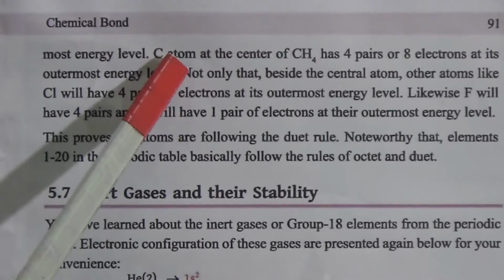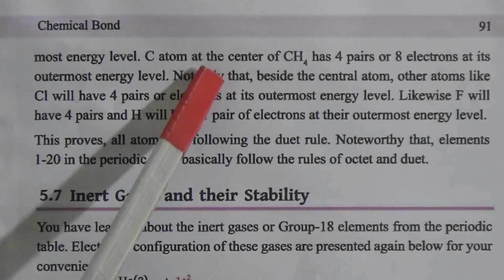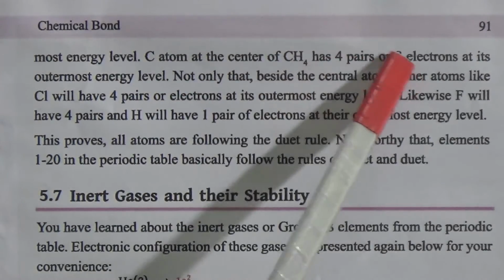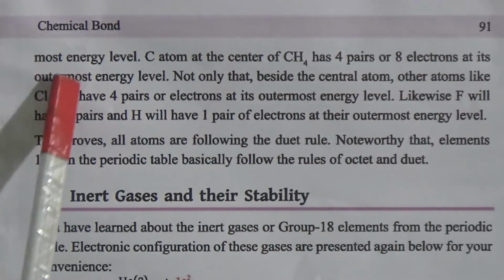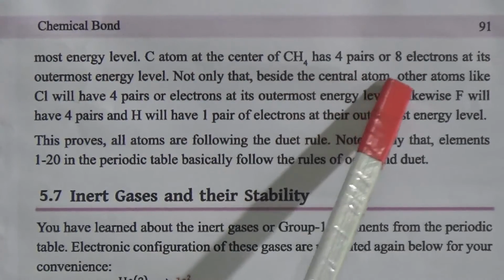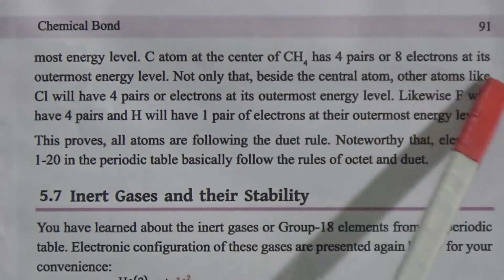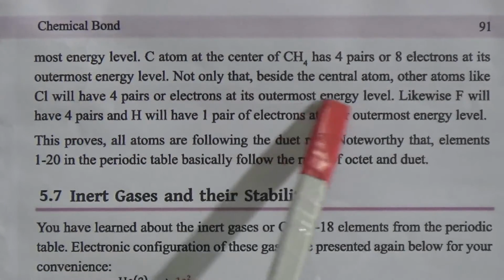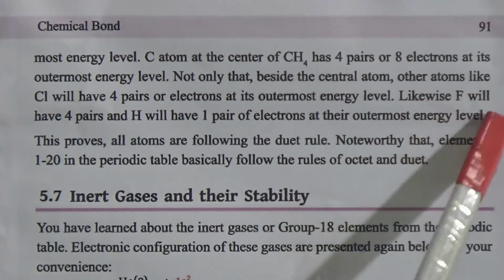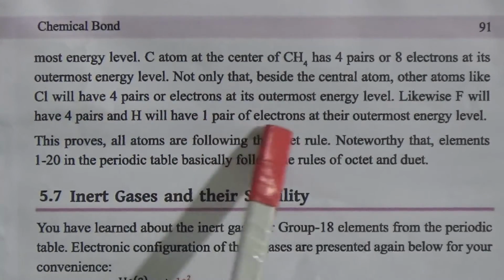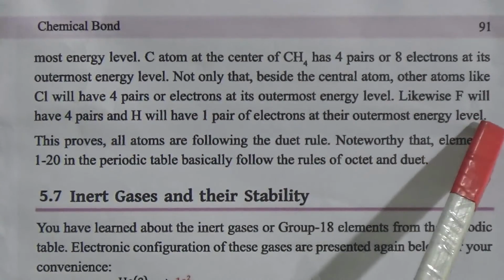The carbon atom at the center of methane has 4 pairs of electrons at its outermost energy level. Not only that, besides the central atom, other atoms like chlorine will have 4 pairs of electrons at the outermost energy level. Likewise, fluorine has 4 pairs, and hydrogen has only 1 pair of electrons at their outermost energy level.